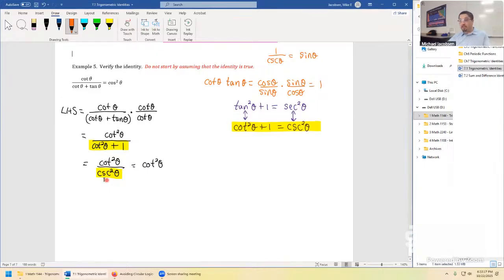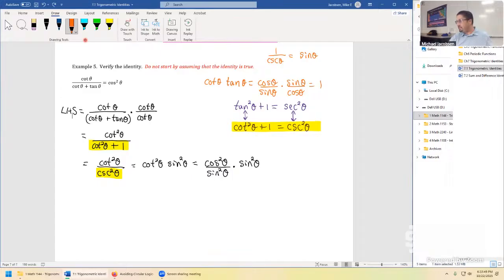So change the position of this function right here, just go to the reciprocal version, sine theta, it'll be squared. But now this means it simplifies in a huge way because cotangent squared is cosine squared divided by sine squared. So next thing to write is cosine squared theta divided by sine squared theta in place of where the cotangent was, times the sine squared. That's a simplification going this way.